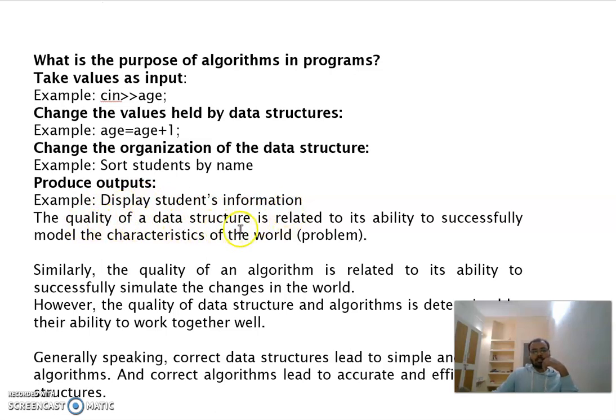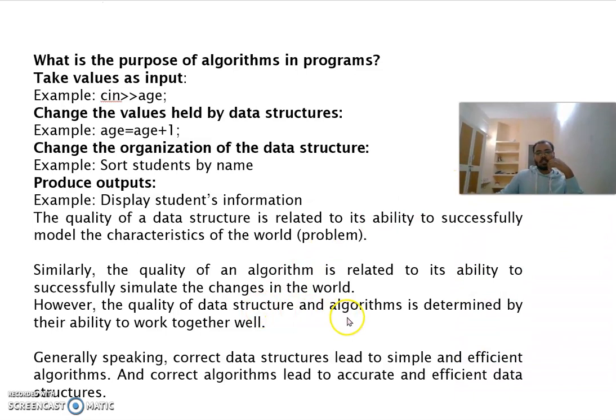The quality of a data structure is related to its ability to successfully model the characteristics of the world or the problem. Similarly, the quality of an algorithm is related to its ability to successfully simulate the change in the world. However, the quality of the data structure and algorithm is determined by their ability to work together well.